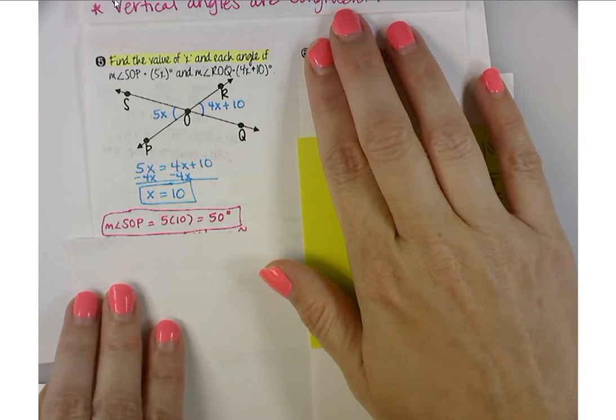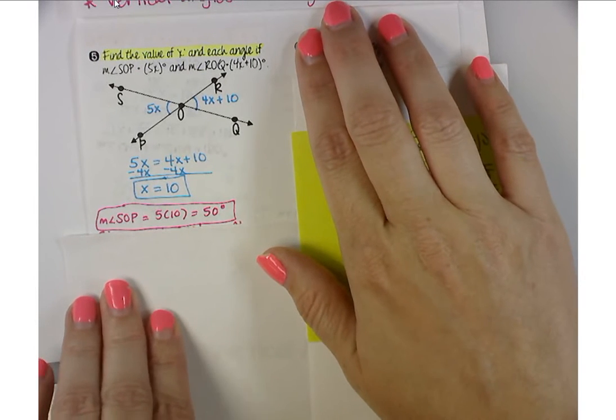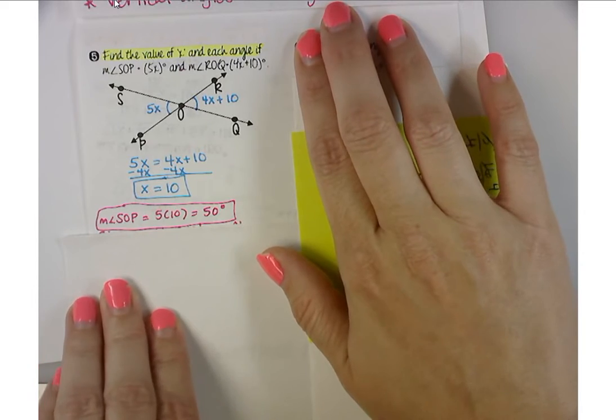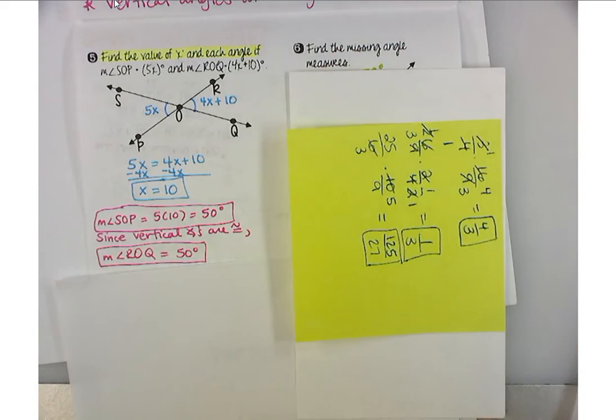So then you can substitute to find the measure of SOP. And if those 2 angles are congruent, because I know my vertical angles are congruent, I already know that ROQ is 50. So I don't even necessarily have to plug it back in. It's a good thing to mentally check that they are the same. So if I plugged in 10, I'd have 40 plus 10, which is 50, so I'm good.